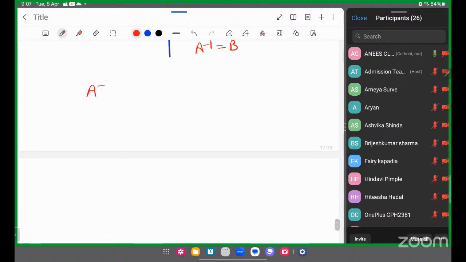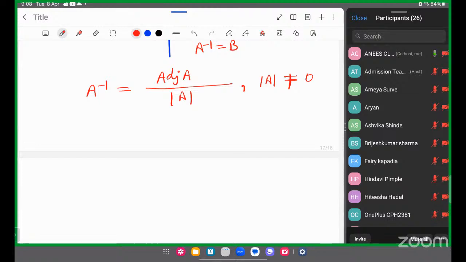To calculate inverse of a non-singular matrix, we have a standard formula. A inverse of a non-singular matrix can be given by adjoint A divided by determinant A, provided that determinant A is not 0. Because if determinant A is 0, it will not be possible for us to calculate the inverse of a matrix. This statement also indicates that every square matrix will have inverse. It is not true.